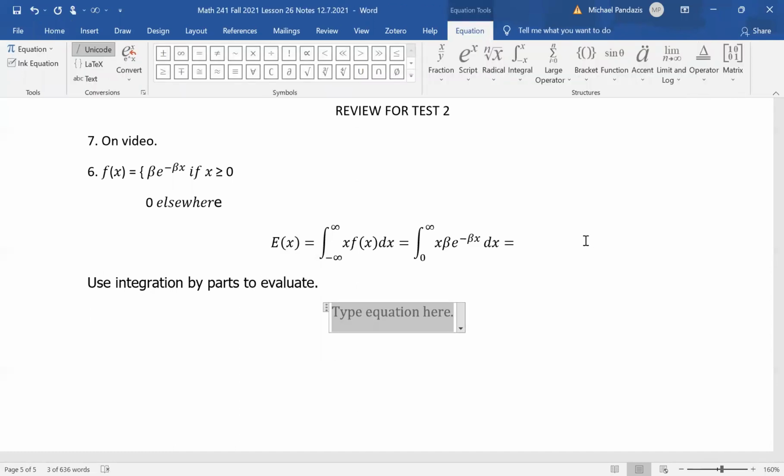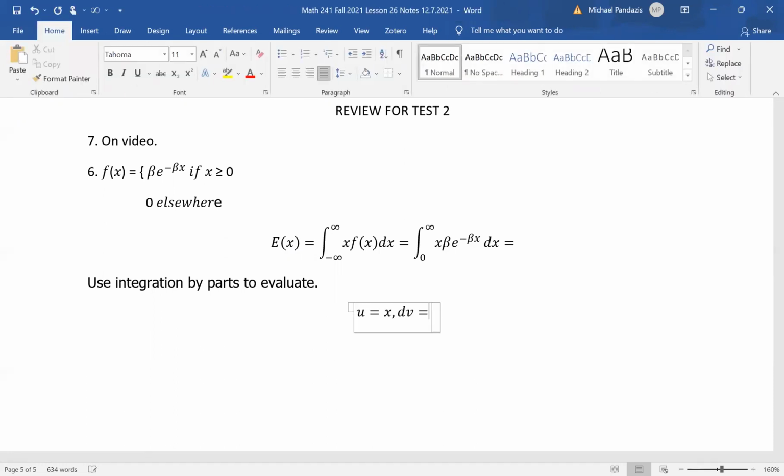Okay, so we can let u equal x, and dv equal beta e to the negative beta x dx.